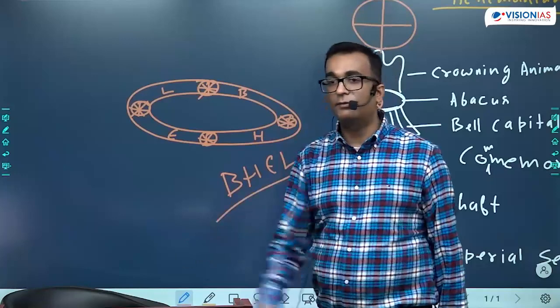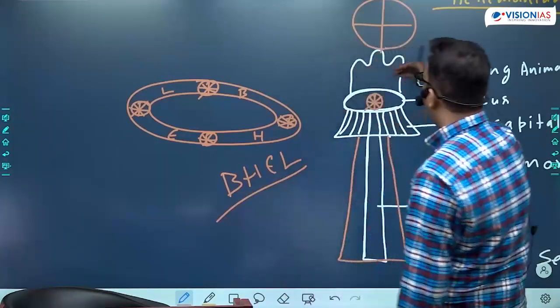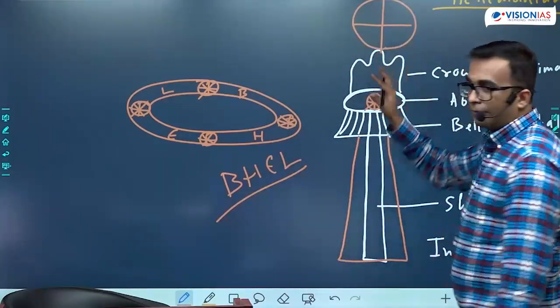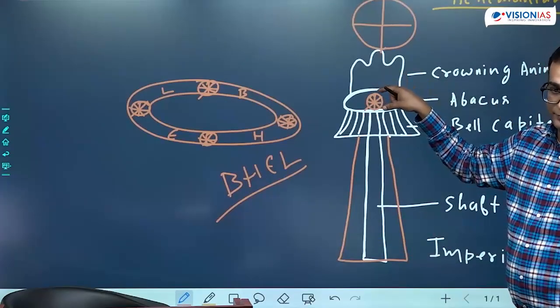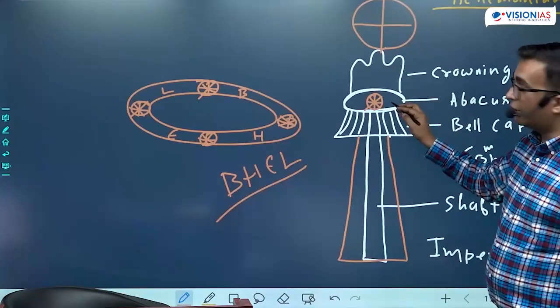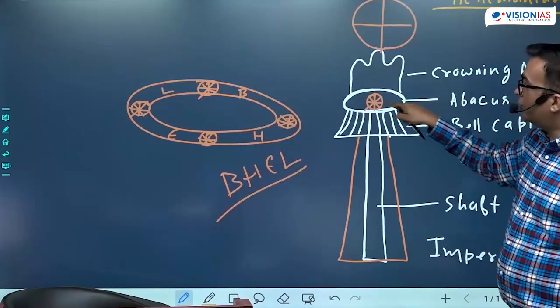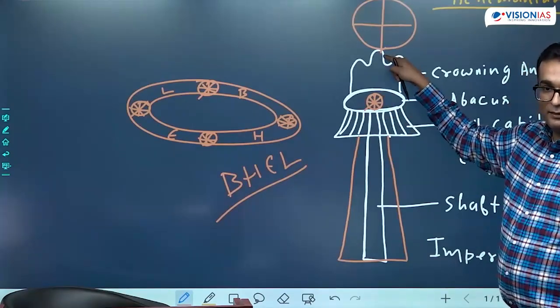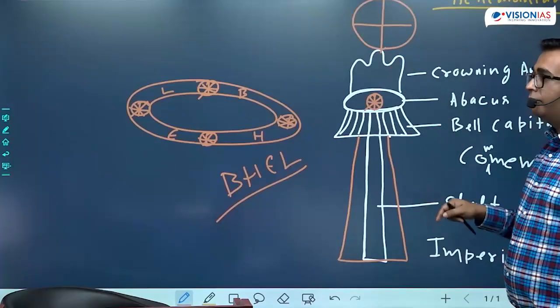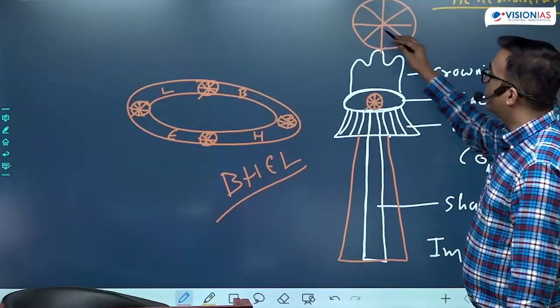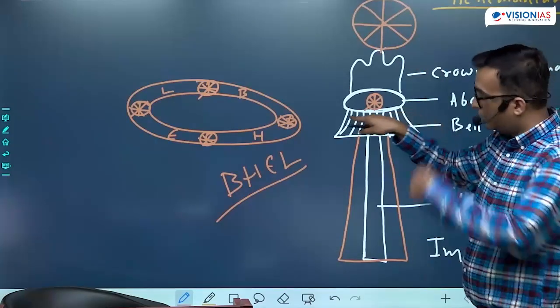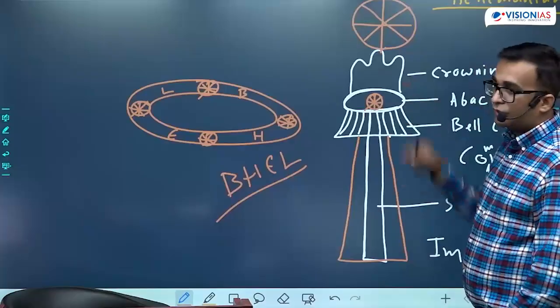Moreover, the crowning animal of the Sarnath pillar has been taken as the national emblem, along with this Dharma Chakra and the upper part. There was a difference between this chakra and this chakra.